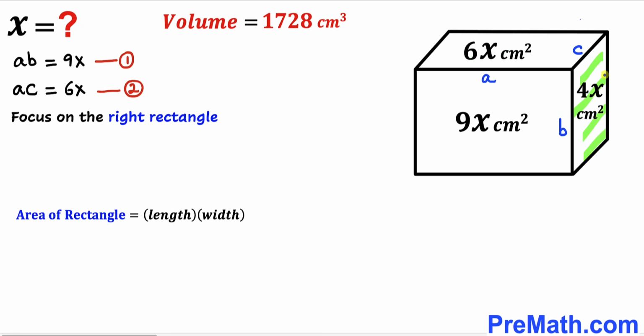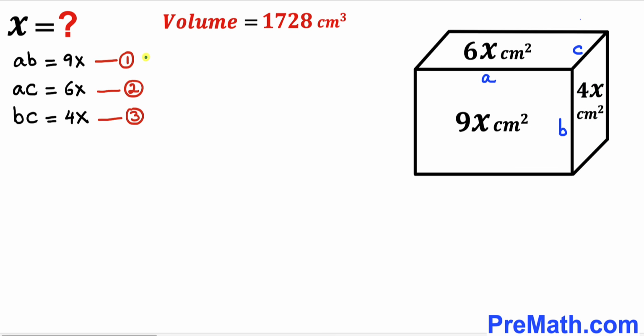And now finally, let's focus on this right rectangle. We can see its dimensions are b and c, and the area of this right rectangle has been given to us as 4x. So we could write b times c equal to 4x. And I'm going to label this one as our equation number 3.